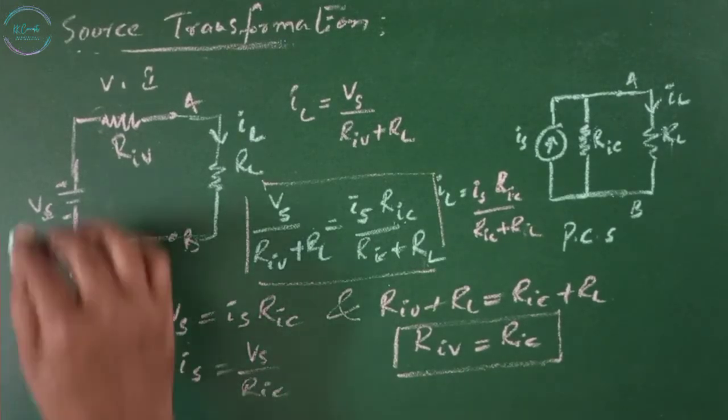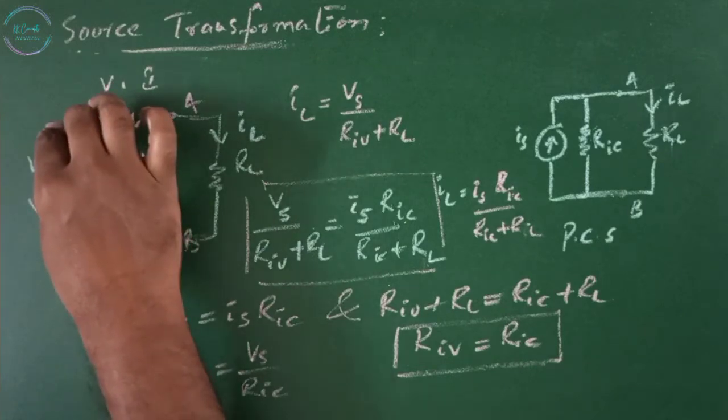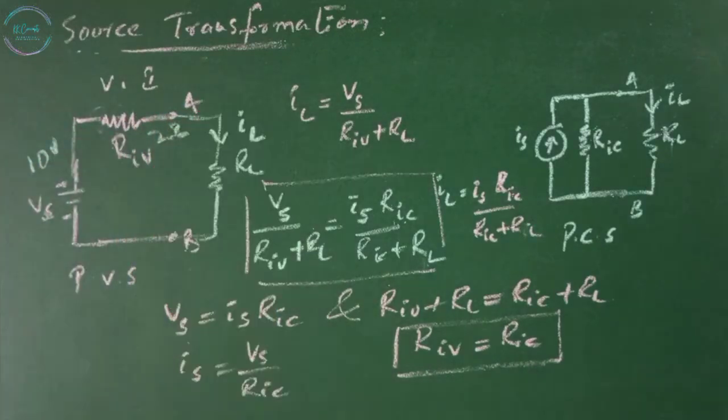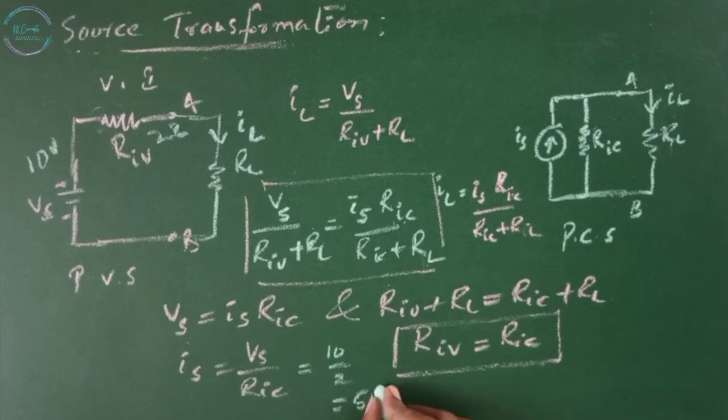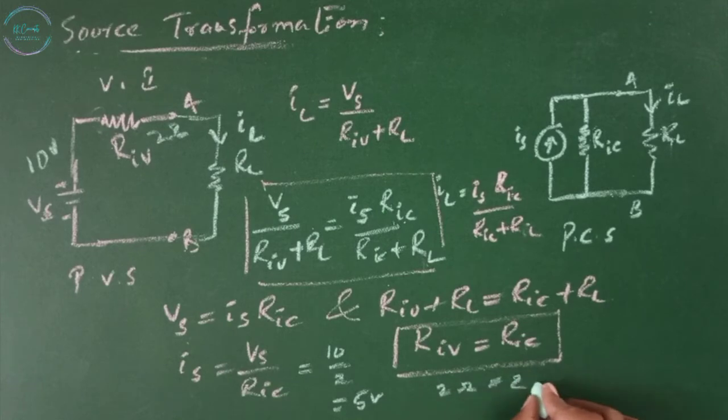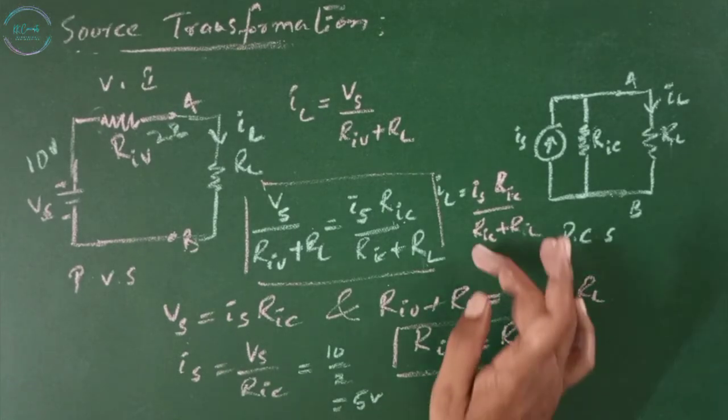For example, if you take this as 10 volts and Ri is 2 ohms, then the current Is in this source is given by 10 divided by 2, that is nothing but 5. The RIV is 2 ohms, then RIC equals 2 ohms. Substitute these values in the above formula.